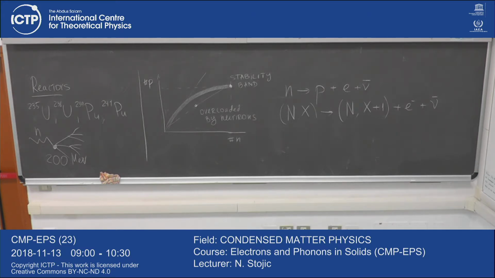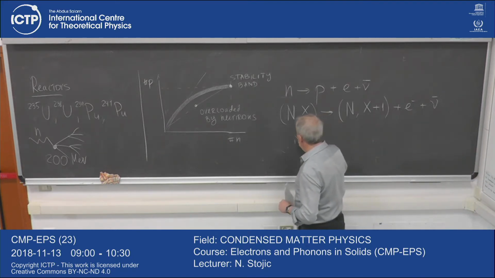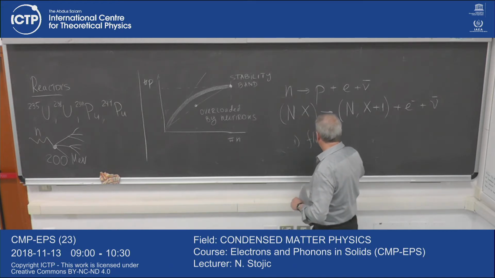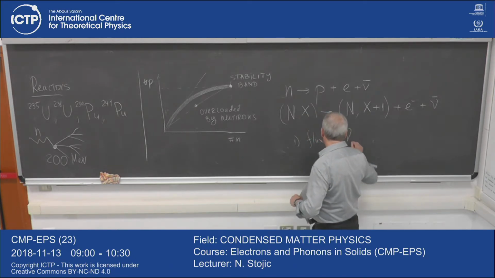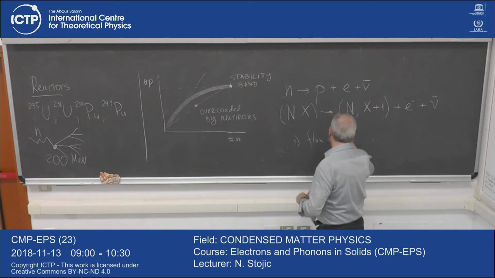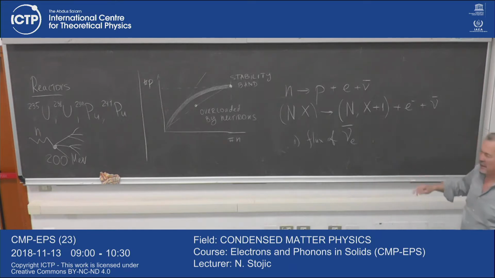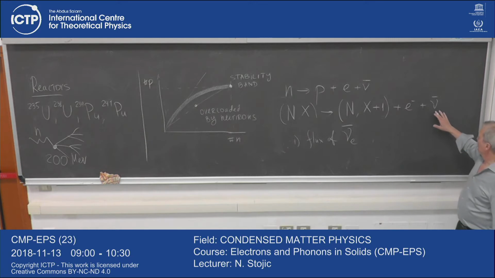There's one immediately important conclusion: in these processes you produce a flux of antineutrinos. Actually electron antineutrinos. I will discuss this later. We haven't introduced lepton number yet. What is important to understand is that we have neutrinos and antineutrinos, and here you are producing antineutrinos.